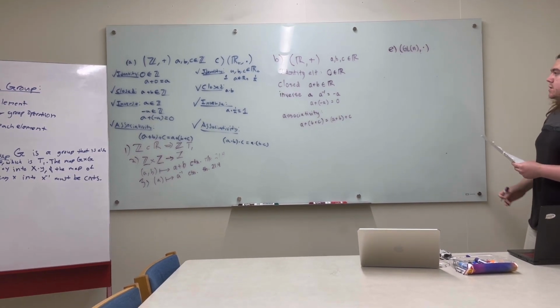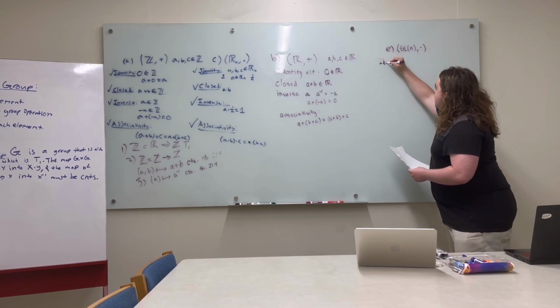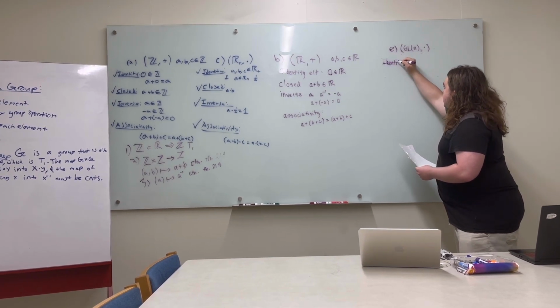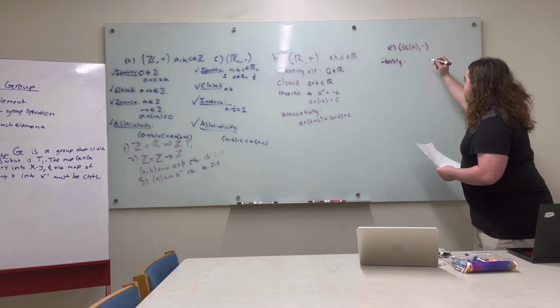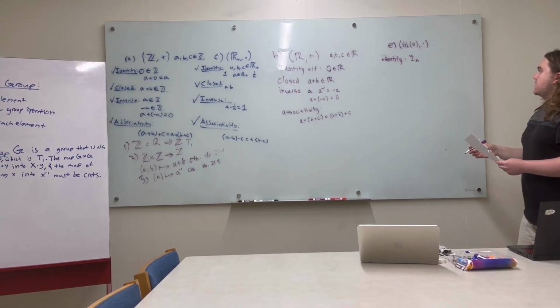So first we need to check that this is a group. So we check the identity first. That is simply the identity matrix with dimension n.